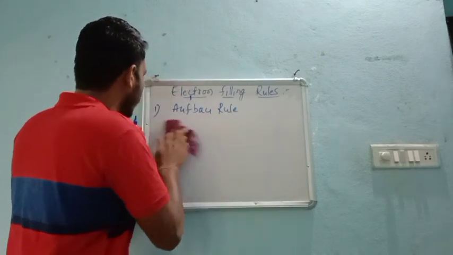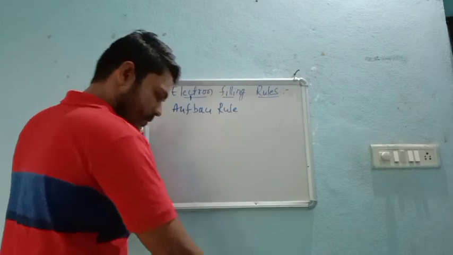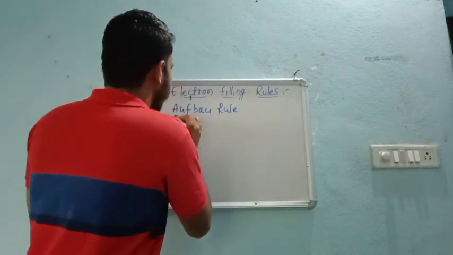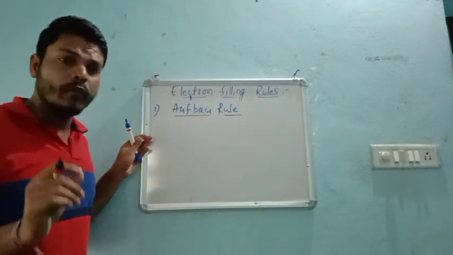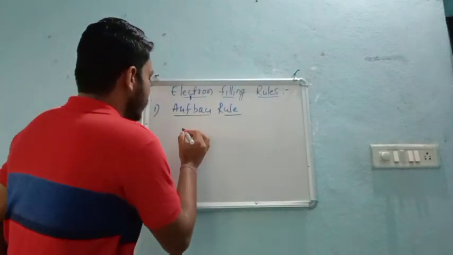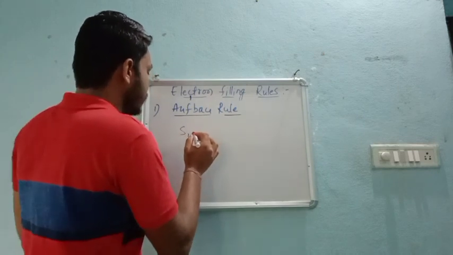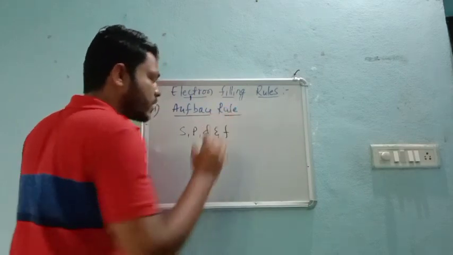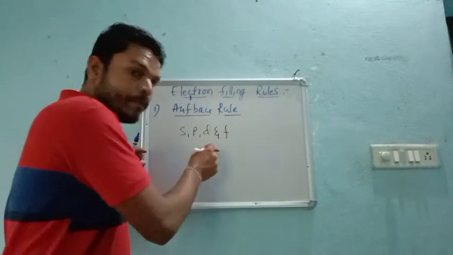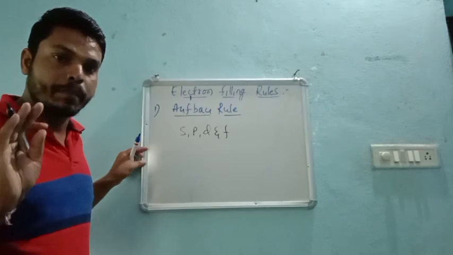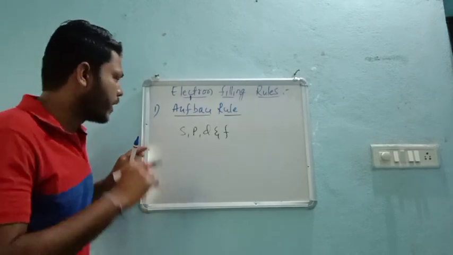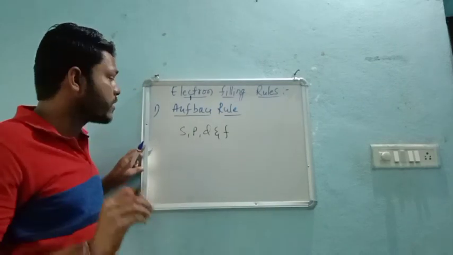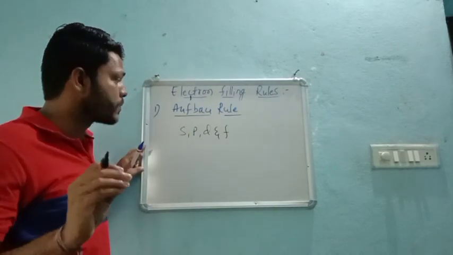Before going to the Aufbau rule, we need to know one very small thing: the S, P, D and F subshells, right? Just now we saw there are 4 subshells present in an atom or in any molecule. What is the S subshell, P subshell, D subshell and F subshell?